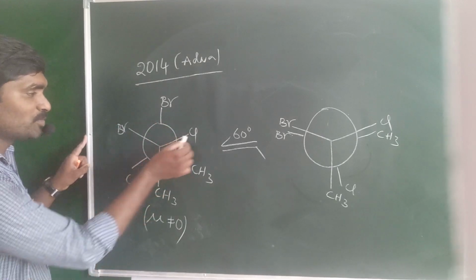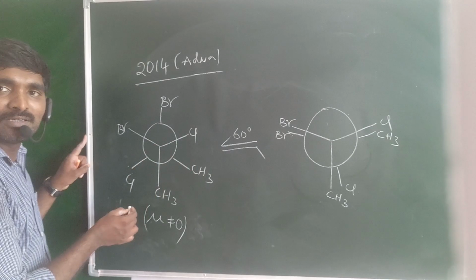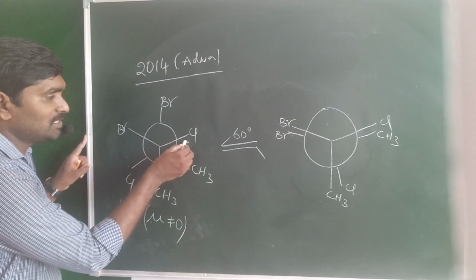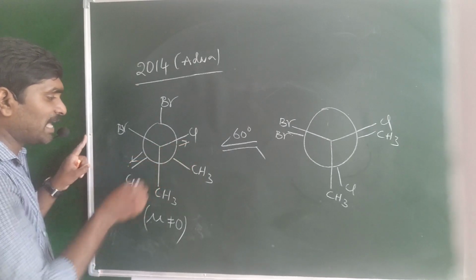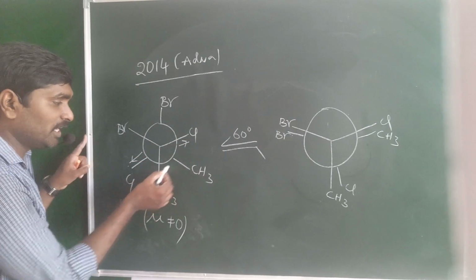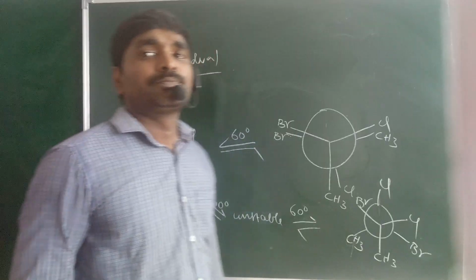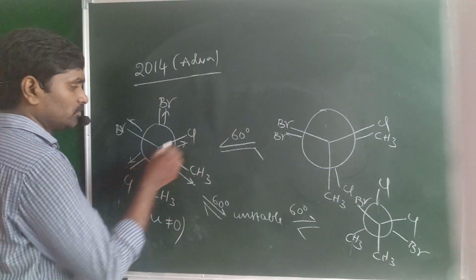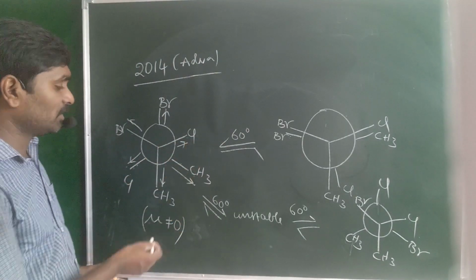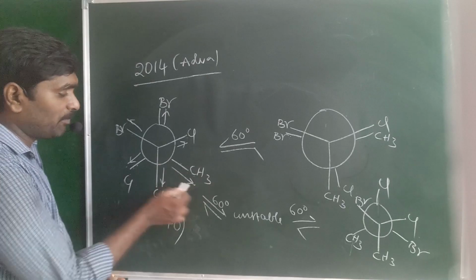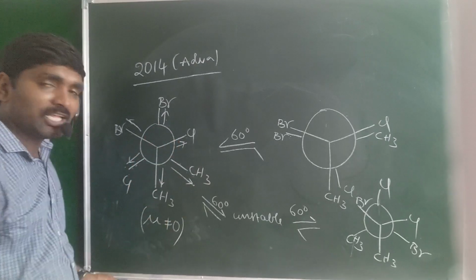Only the 2 Cl groups are opposite to each other, so the Cl moments cancel each other, but the CH3 moments are parallel to each other. Hence mu is not equal to 0.